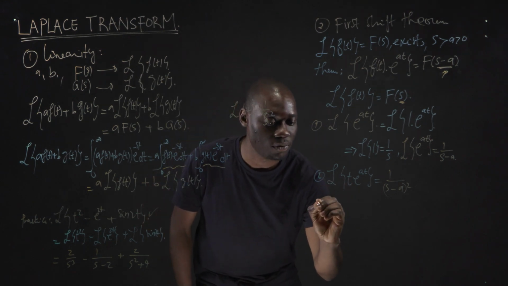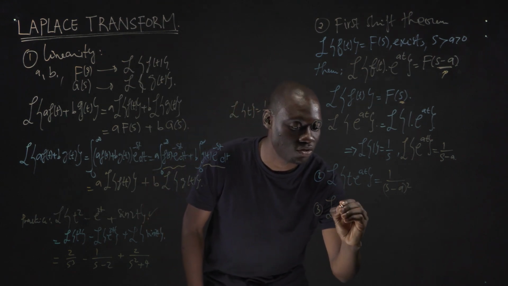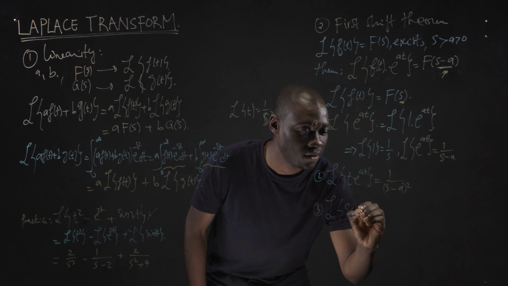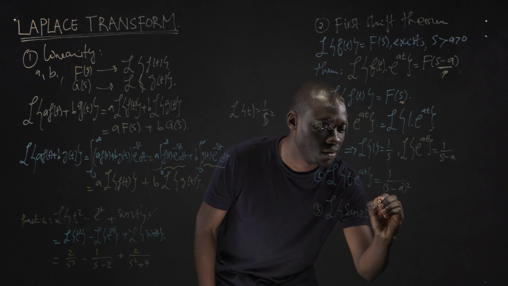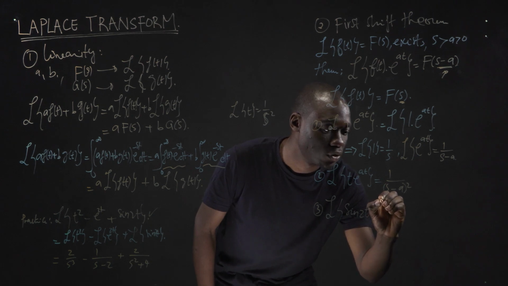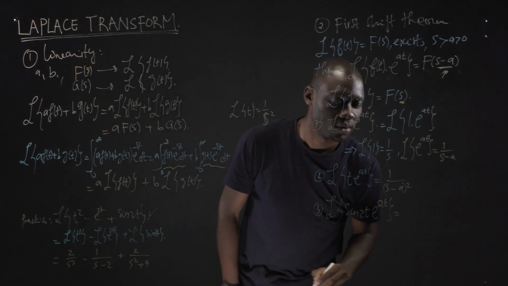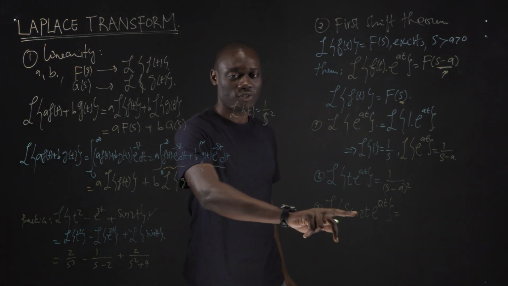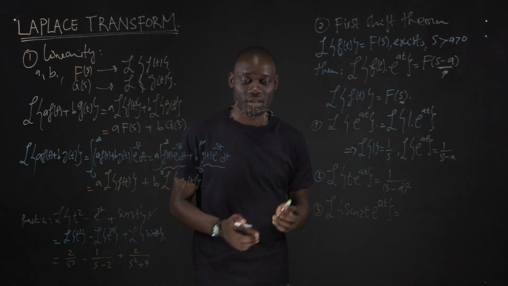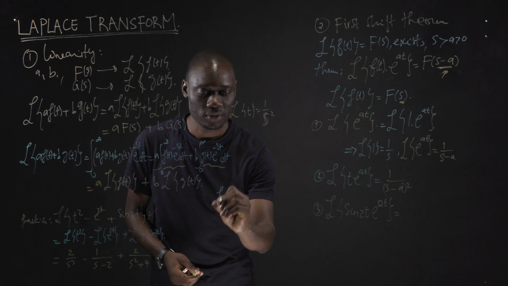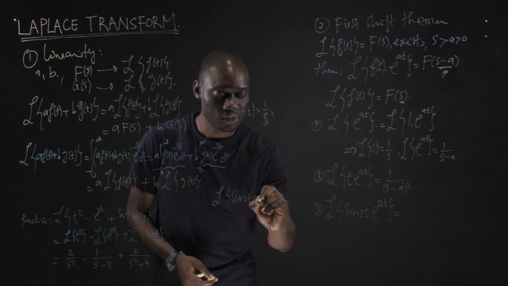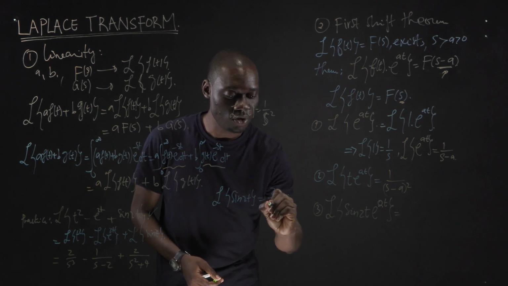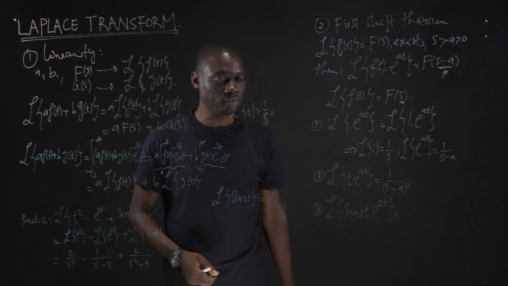Looking at the last example, find the Laplace transform of sine 2t times e^(2t). Okay, what is the Laplace transform of sine 2t? The Laplace transform of sine 2t is equal to 2 over s squared plus 4, right?